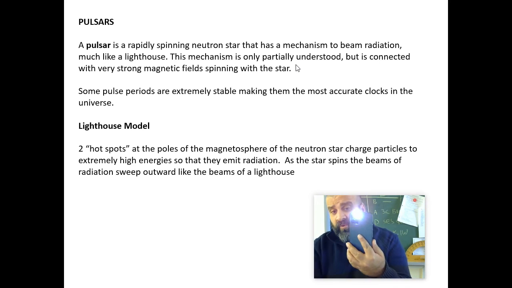So let's say this is the pole of this 20-kilometer sphere. And it's spinning. Okay? So if the beam of radiation is pointed towards the Earth, as it spins, we lose the beam.